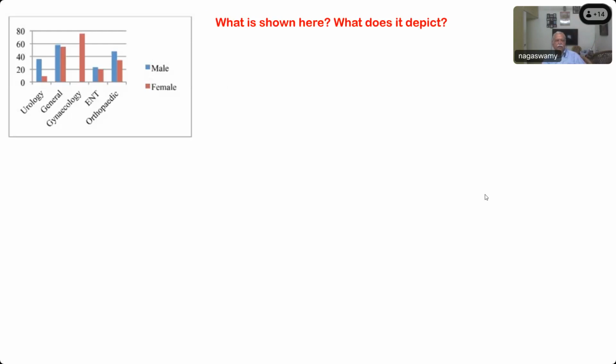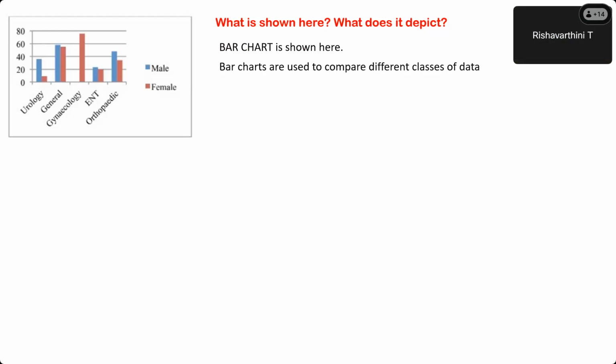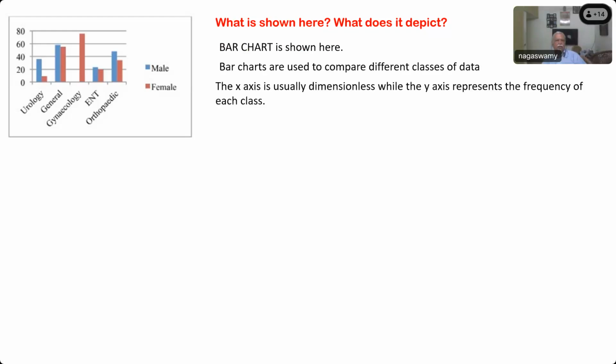Now, what is shown here? What does it depict? Bar diagram. Distribution, sir. It's called a bar chart, of course. Bar diagram is not the correct word. It's called a bar chart. Bar charts are used to compare different classes of data. The x-axis is usually dimensionless.